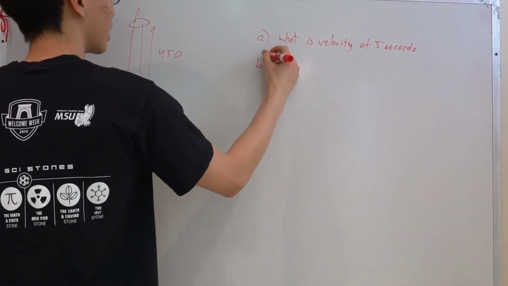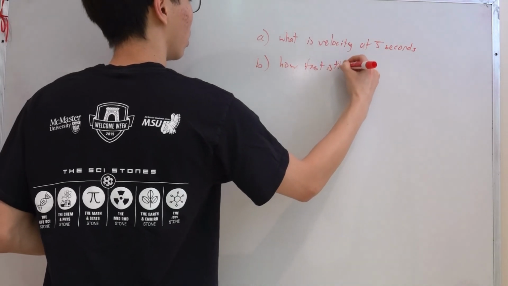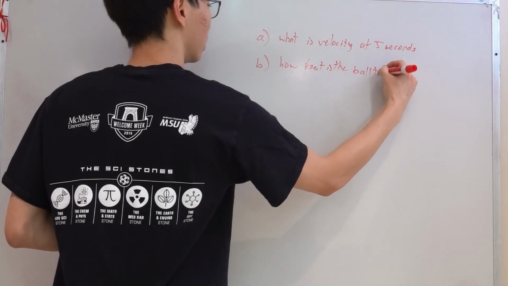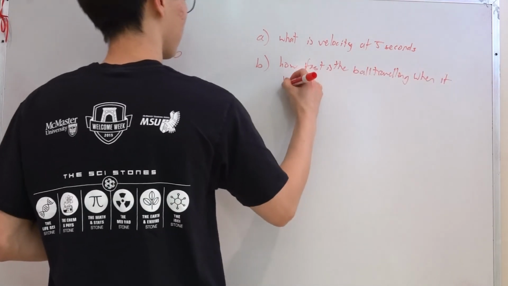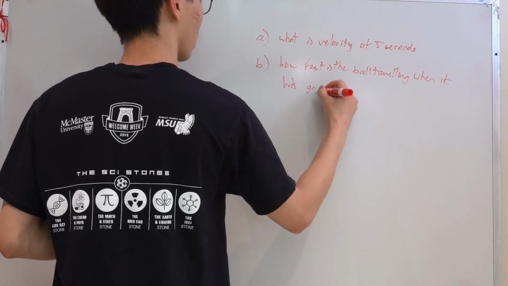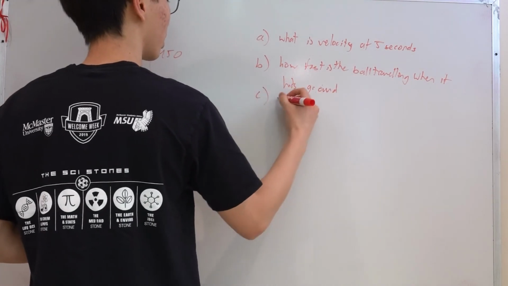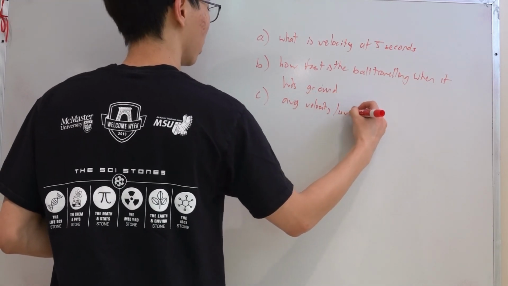The second question is, how fast is the ball traveling when it hits the ground? And lastly, we want to know what the average velocity and average speed were.